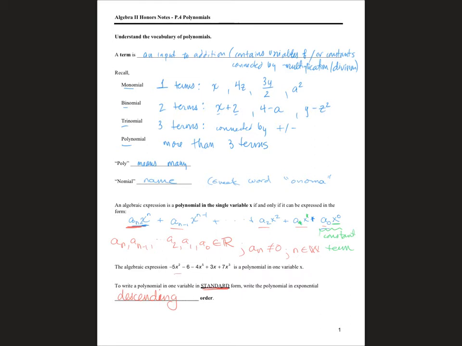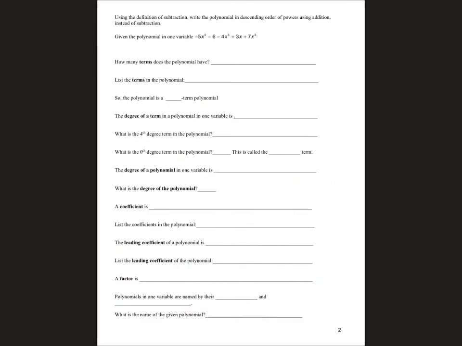I'm going to take this algebraic expression, which is a polynomial, 1, 2, 3, 4, 5 terms connected by addition and subtraction. All the terms are in the variable x. And the first thing I'm going to do is put it in standard form. So let's rewrite this in exponentially descending order.